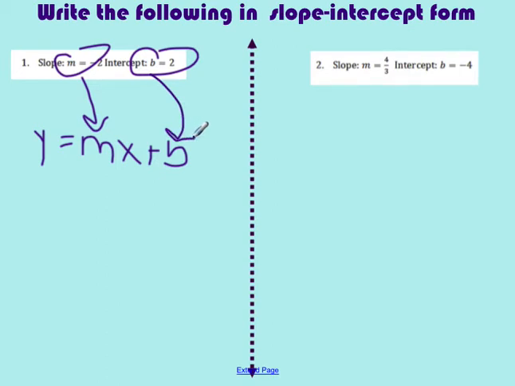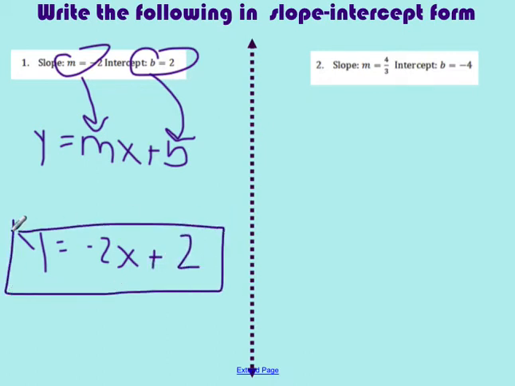When you're using slope-intercept form, the y and the x will always be in the equation. So I'm going to take m out and put -2 in instead. Remember that the x is going to stay there. Then I'm going to take b out and put 2 in instead. So I get that y is equal to -2x plus 2. And that's slope-intercept form.